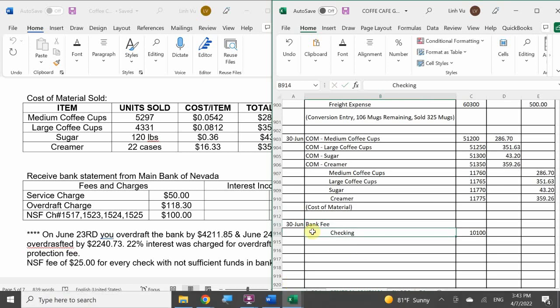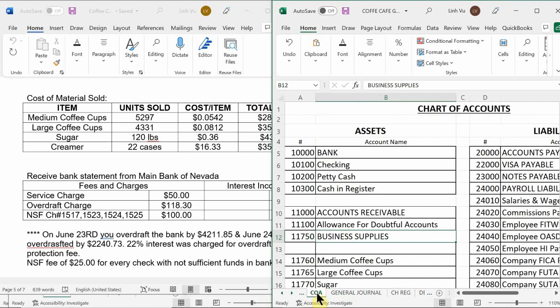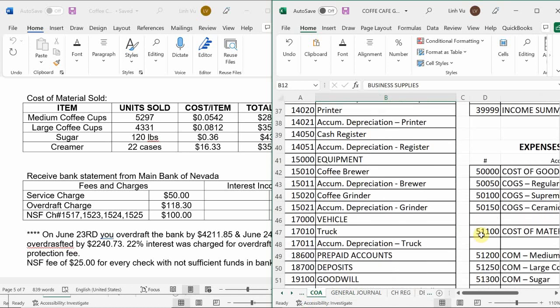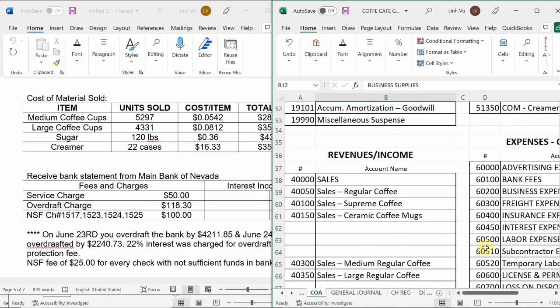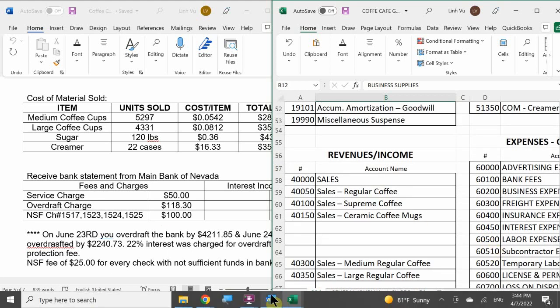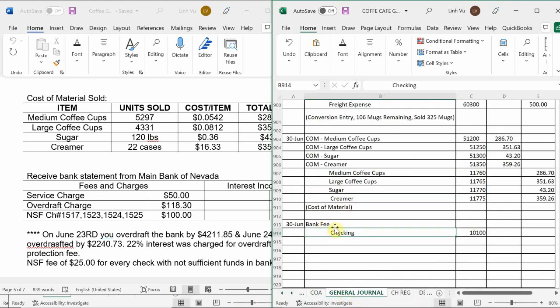So in this case, bank fees is account number 6100. Bank fees. Right? 6100. Okay?